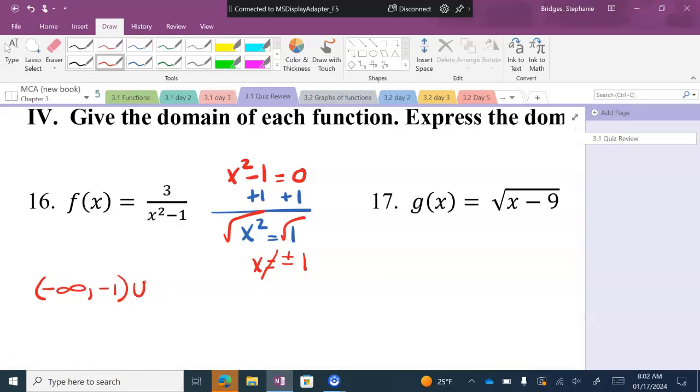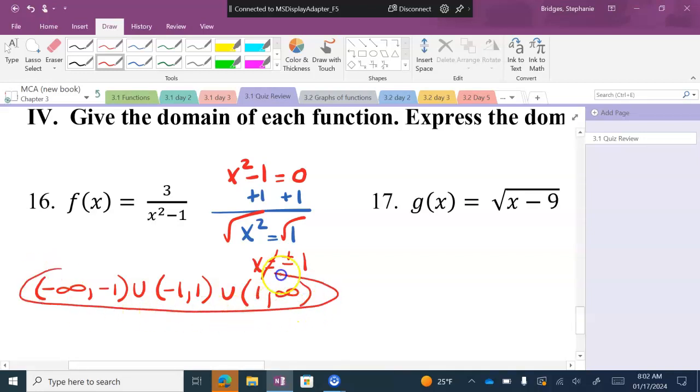Negative 1 to 1. And then the last one would be, what's that? 1 to infinity, yeah. And remember with these, we're using parentheses because we can't equal 1 and negative 1. We can only approach them. Everybody okay with that one?